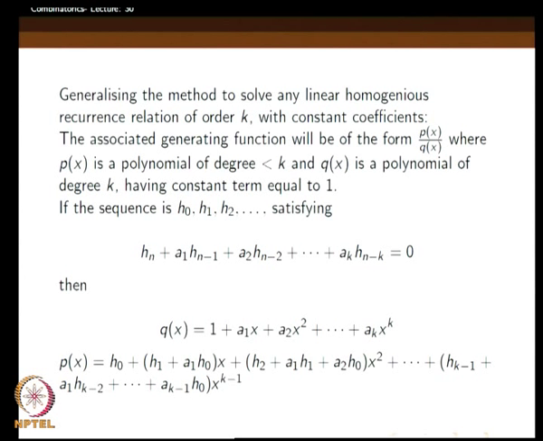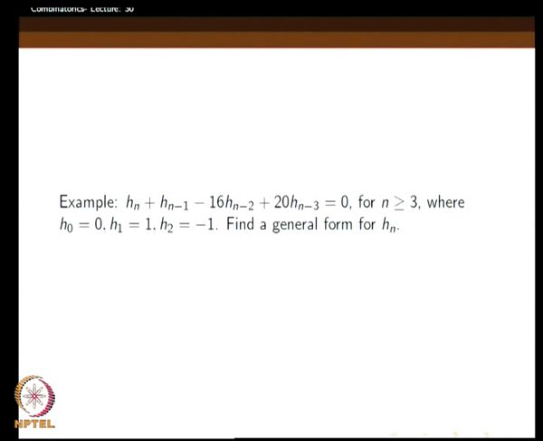Now, let us look at one example: hn plus hn minus 1 minus 16 hn minus 2 plus 20 hn minus 3 equal to 0.